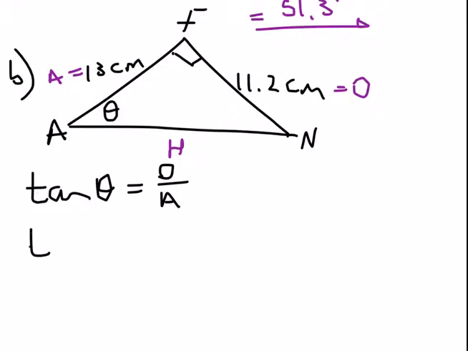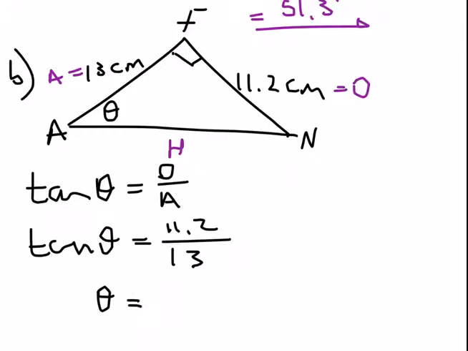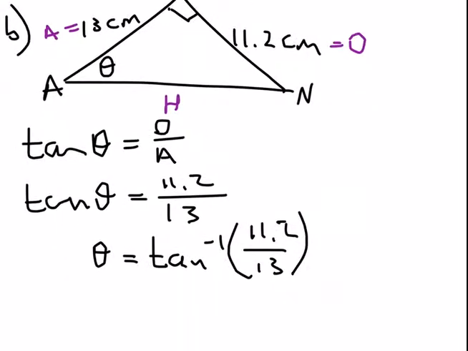And then remember, it is the angle that we are looking for, so we will say opposite being 1.2, that needs to be divided by 13. And then this is the angle where you will do the inverse tan of 1.2 divided by 13. Then just punch it on your calculator.